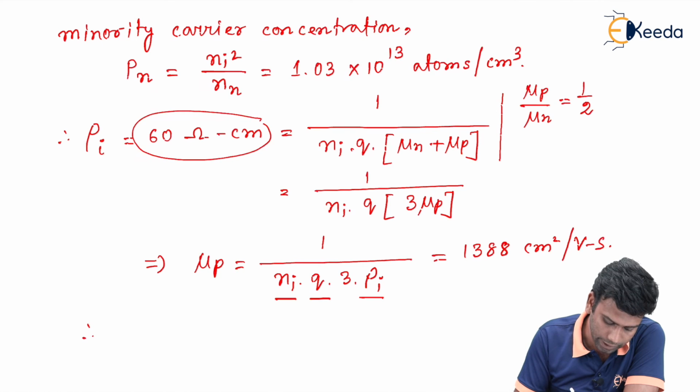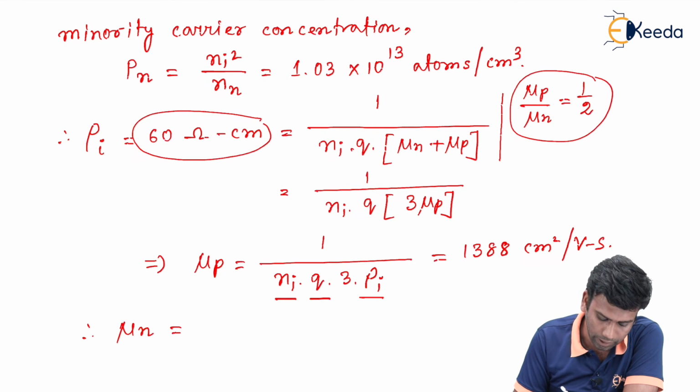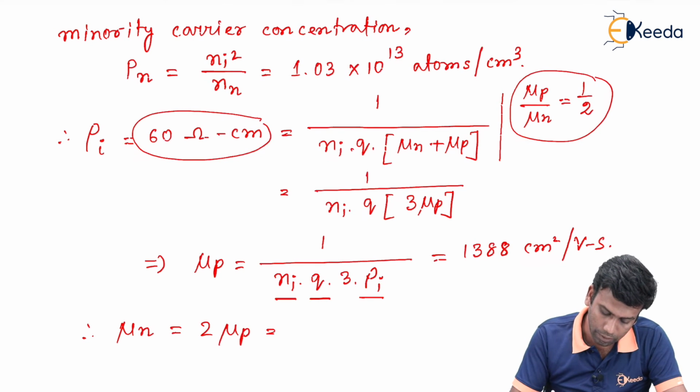From this mobility value of the holes and using this relation, we can find the mobility of the electrons. The mobility value for the electrons will be 2 into mu p, and this mu p value we have already derived.